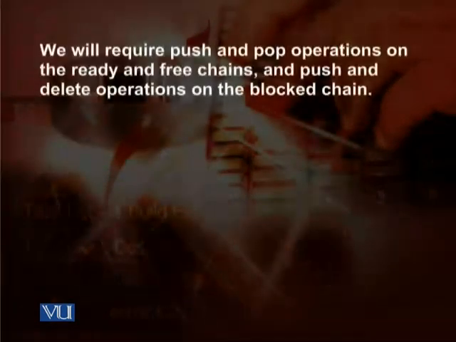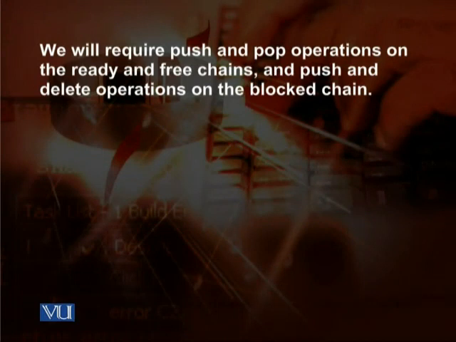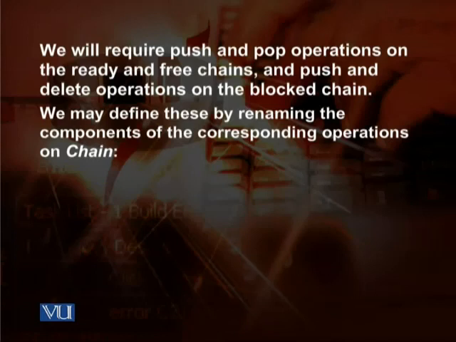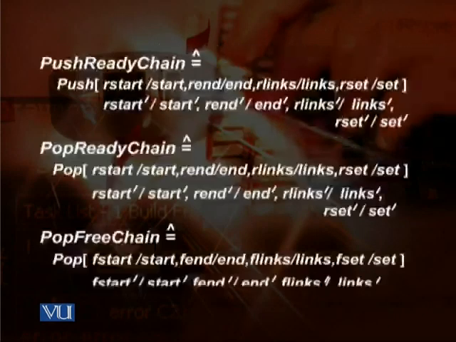We will now require push and pop operations on the ready and free chains and push and delete operations on the block chain. We define these by renaming the components of the corresponding operations on chain, just as we did a little earlier.